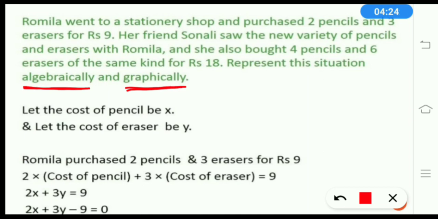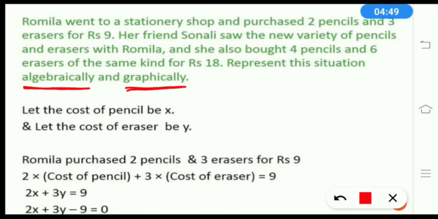That means, at first we write a pair of linear equations in two variables. So Romila went to a stationery shop and purchased 2 pencil and 3 eraser for ₹9.